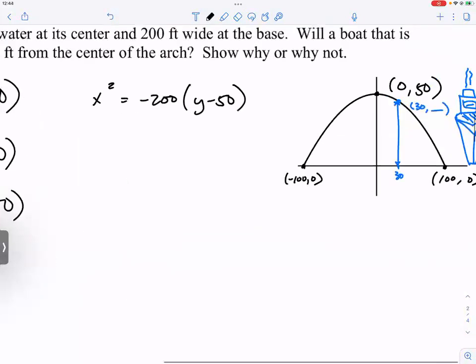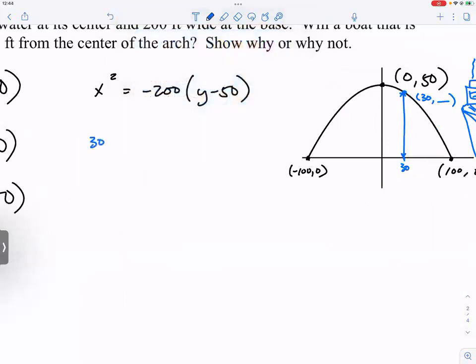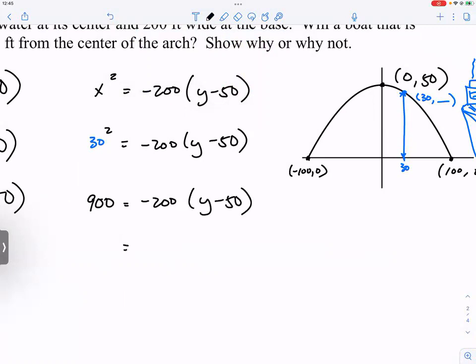And now we say what? We say, hey, we know the x coordinate. It's 30 right here. So we are asking, if it's 30 for the x, what's the y value? So 30 squared is 900. If you divide by the negative 200, that gives you negative 4.5.